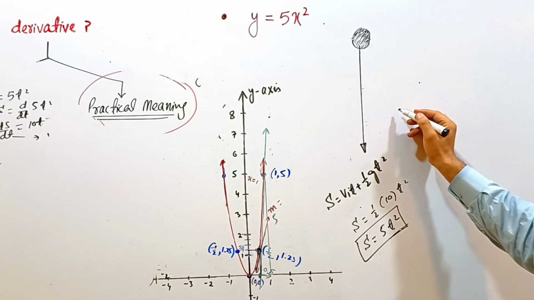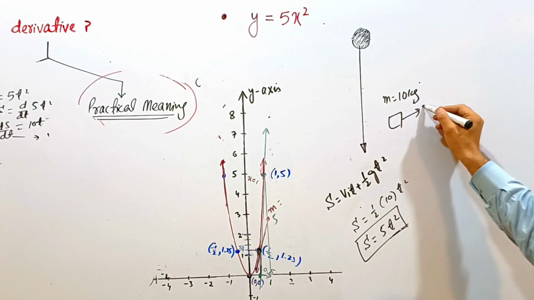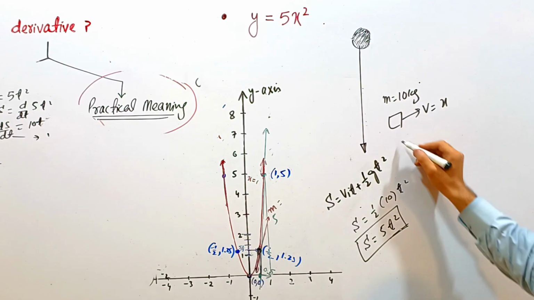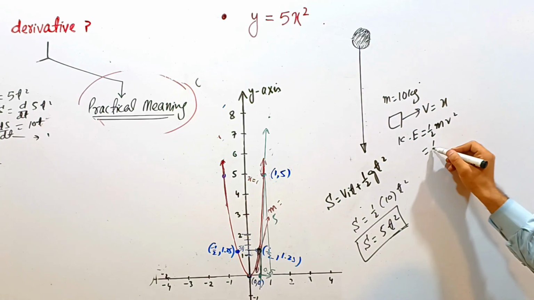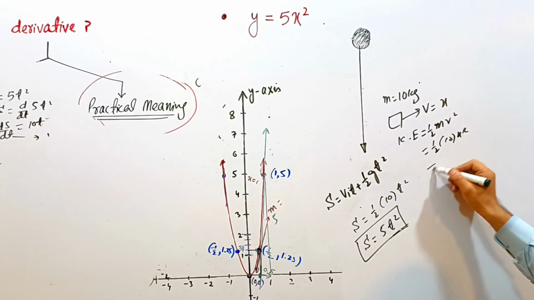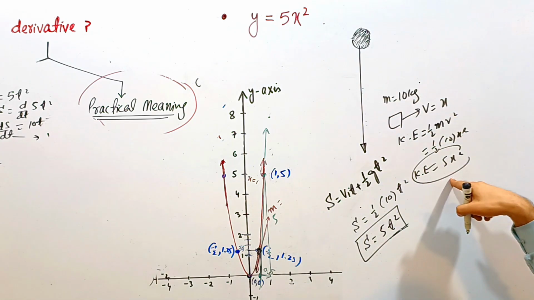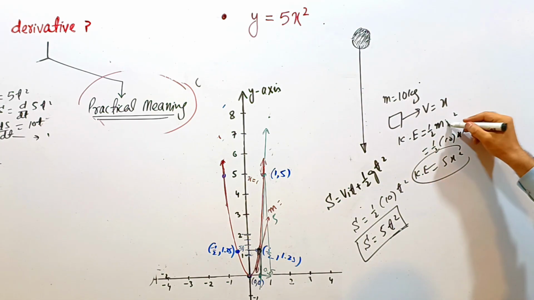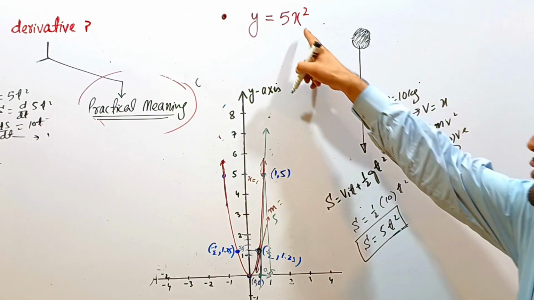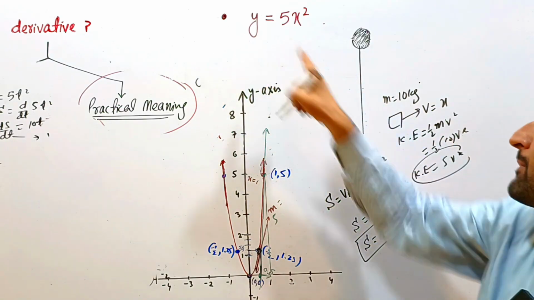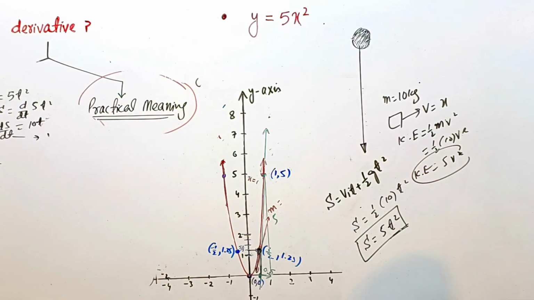For example, if there is a body whose mass is 10 kg and it is moving with velocity, suppose we represent the velocity by x. The equation for kinetic energy will be half mv square, half into 10 into x square, 5x square. It could represent this also. So if I compare this equation with this, y is representing kinetic energy and x is representing velocity.